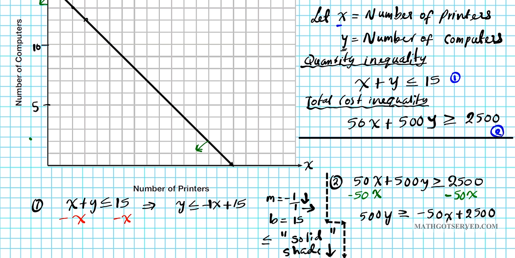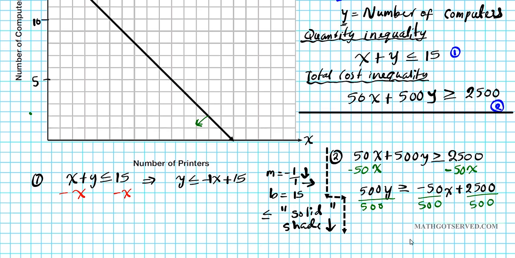And next thing we're going to do is divide both sides by 500. Remember, the goal is to get y by itself.